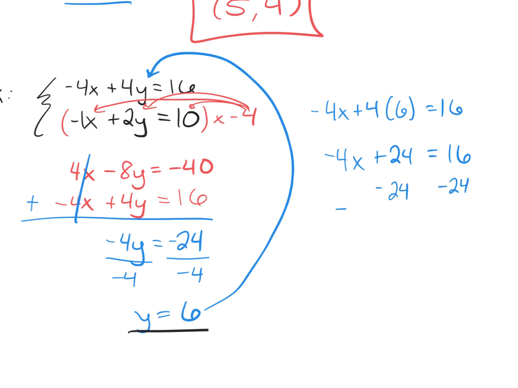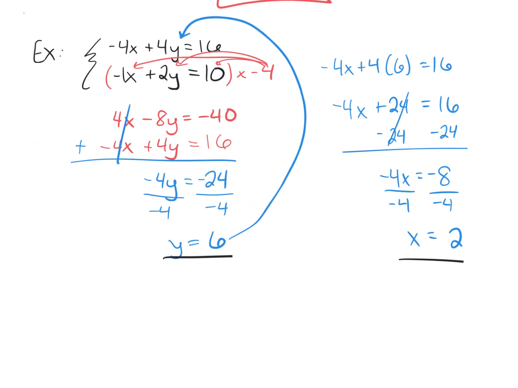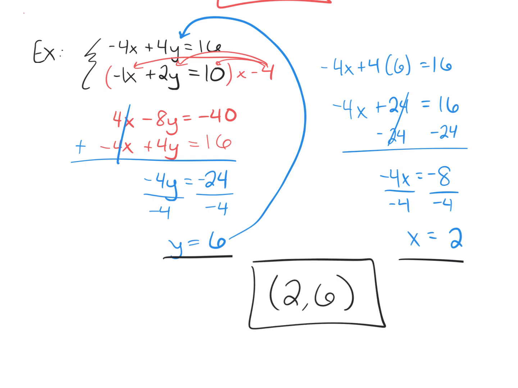So I have negative 4x equals negative 8. Last step, divide by negative 4. So I get x equals 2. Am I done? No. Last step is just make it as coordinates. Write it as a coordinate. So I have 2, 6. Okay.